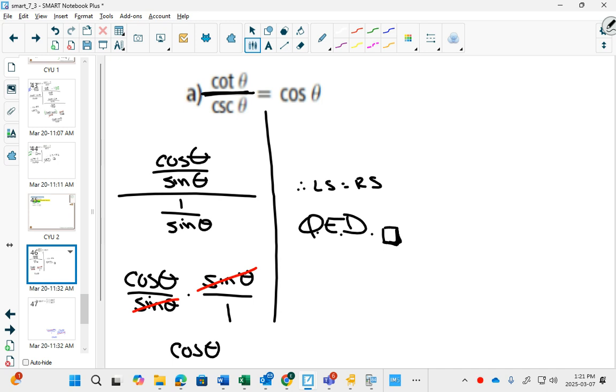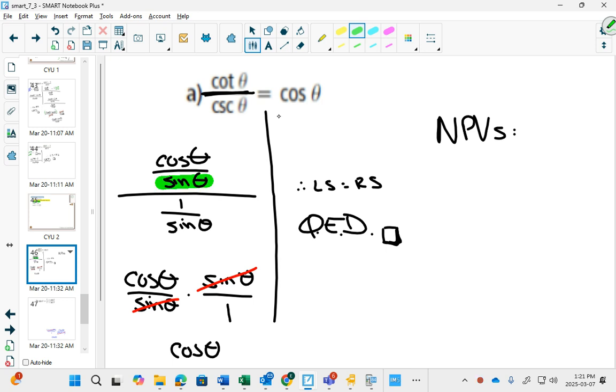Our proof is done. Now for A, I said we prove it first and then do the non-permissible values. And here I'm going to take out my highlighter. In mathematics, you are not allowed to divide by 0. We need to check everywhere in this question where we're dividing.